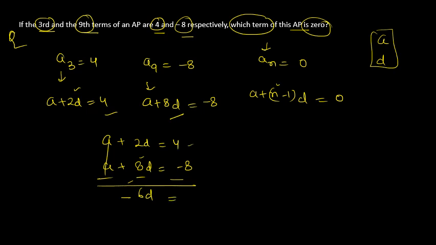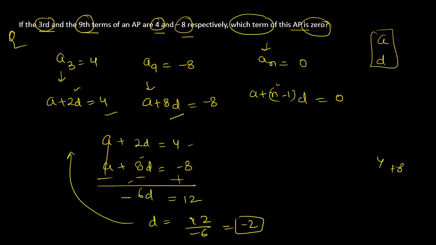This is 4, right? Minus will become plus. 4 plus 8 is what? 12, right? So D is what? 12 by minus 6, that is minus 2. Correct. Now you can substitute this D in any of these equations to find out A. So this will be 4 minus 2D, that is 4 minus 2 times D. D is what? Minus 2. So A will become 4 plus 4, that is 8, right?